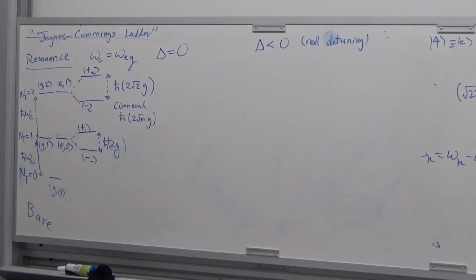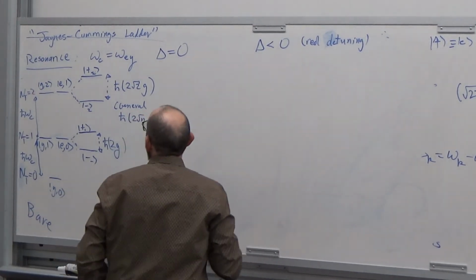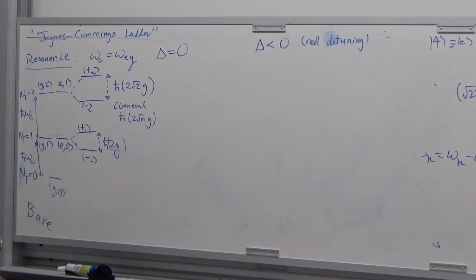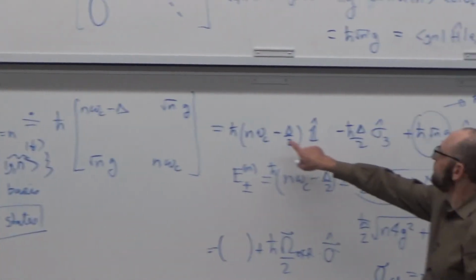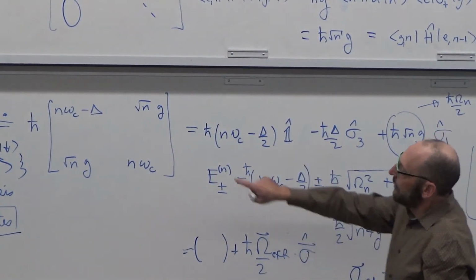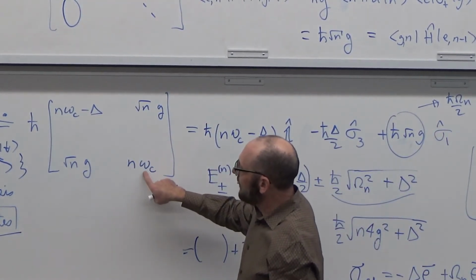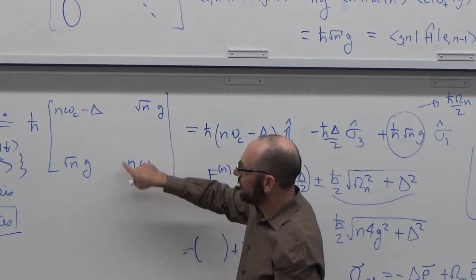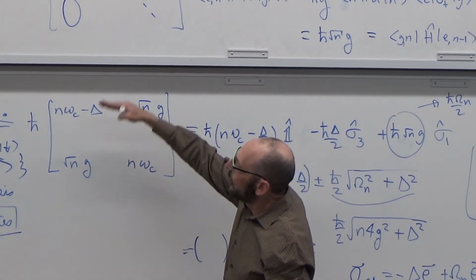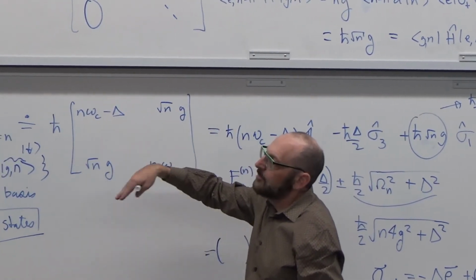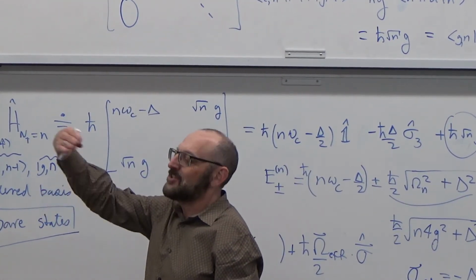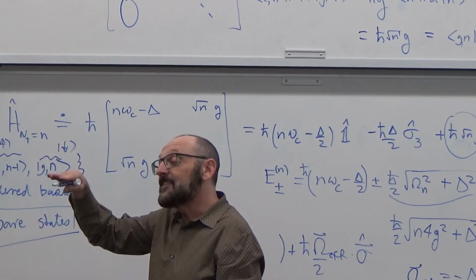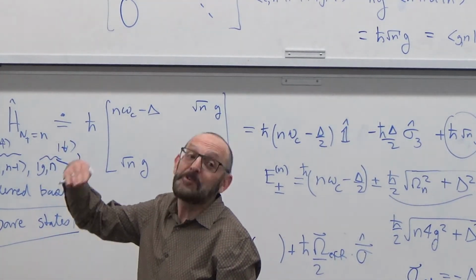Red detuning. In that case, my bare states are the following. Let's come back over here. We have this detuning. If I look at this energy level, the ground state is fixed at this energy with this number of photons, and the excited state either gets below or above that, depending upon whether an additional photon has slightly less energy than the atom or slightly more energy.